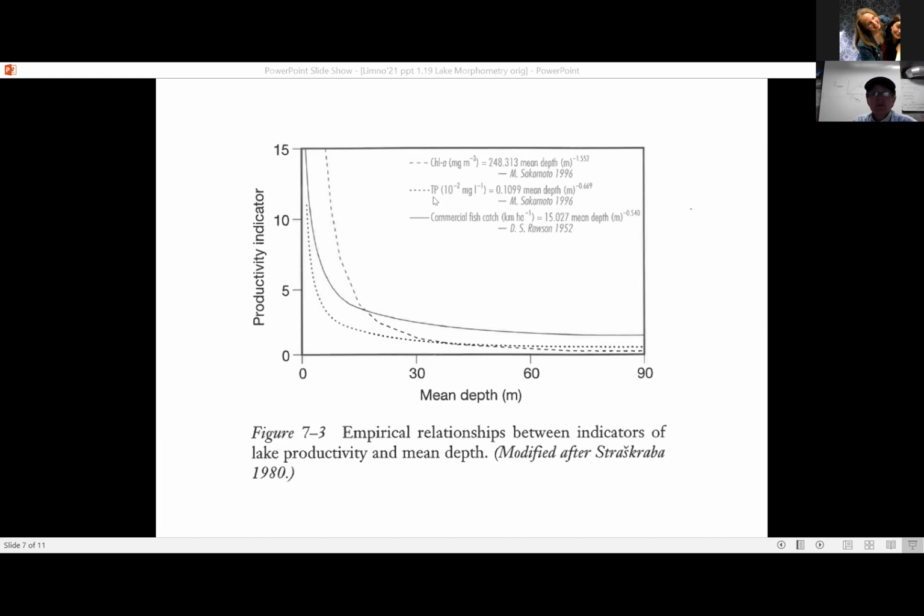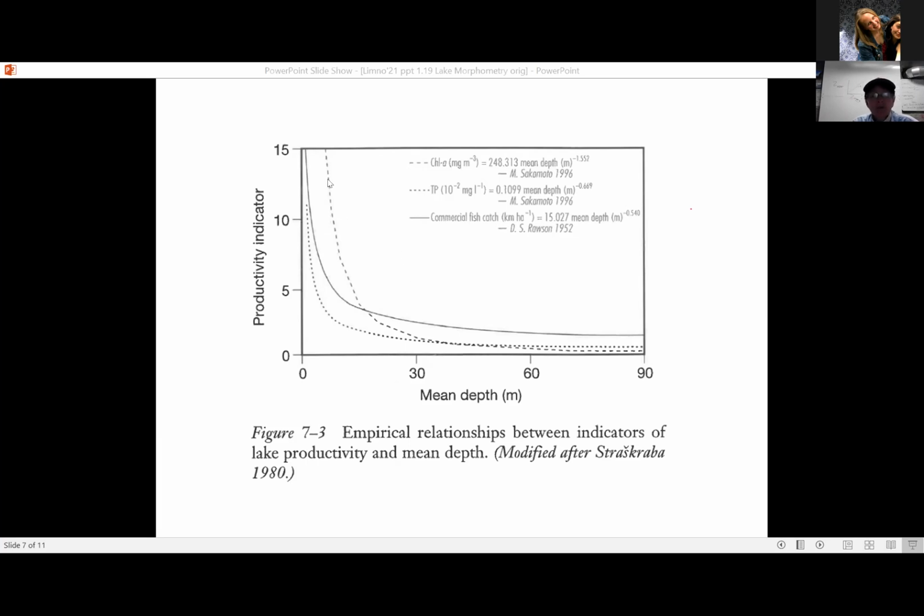One of these is total phosphorus. That's another way to quickly measure the total amount of algae in the lake, because all algae have phosphorus in them. And then the third line, the solid line, is the total fish catch, which I think is pounds or kilograms of fish per hectare or something. And this is a top of the food chain measure of productivity.